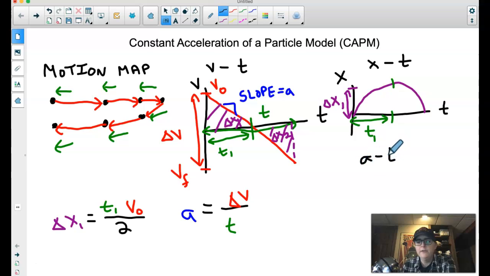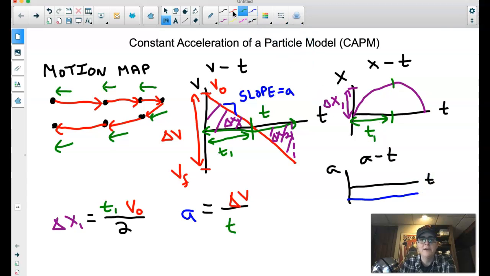And then we also did just a little bit with acceleration time graphs, where acceleration is the slope of the velocity time graph. In this case, the way I drew my graph, my velocity time graph has a constant negative slope. So that means I have a constant negative acceleration.